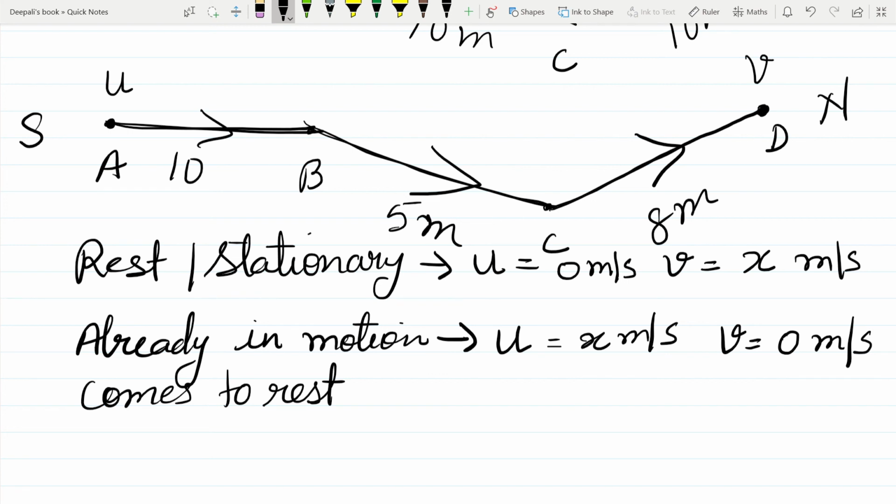This concept is very important for the numericals.